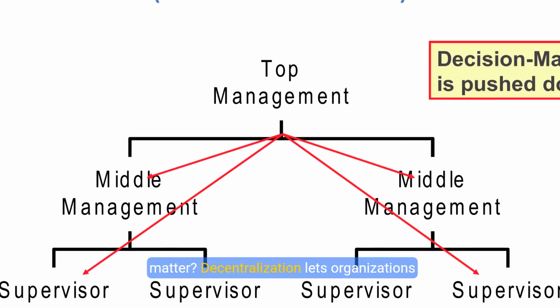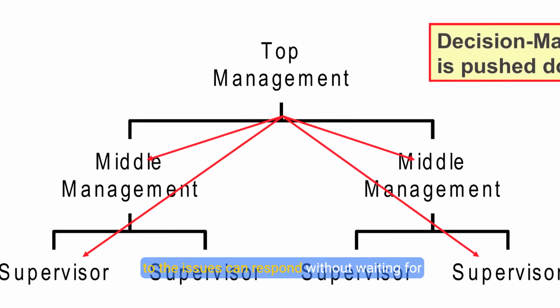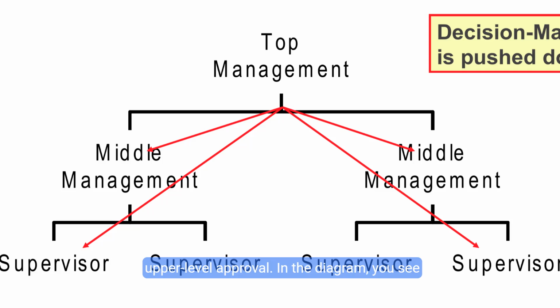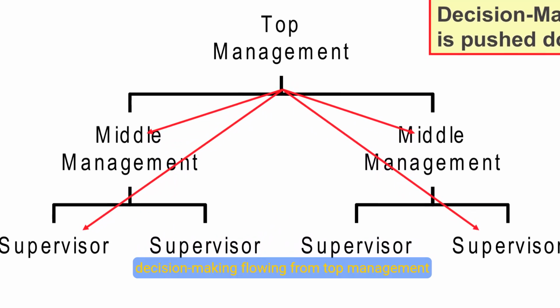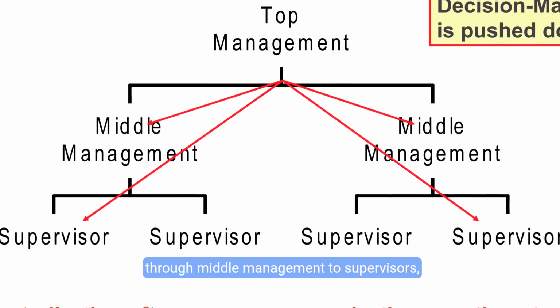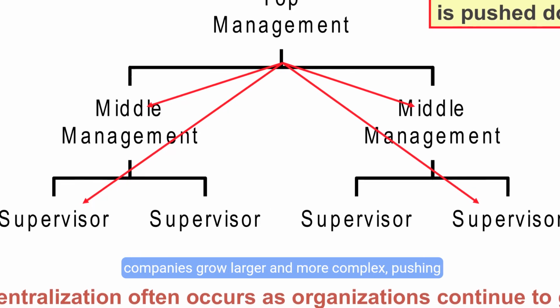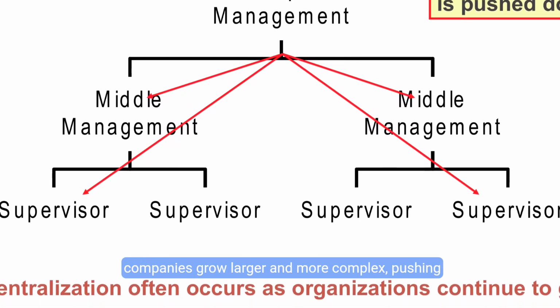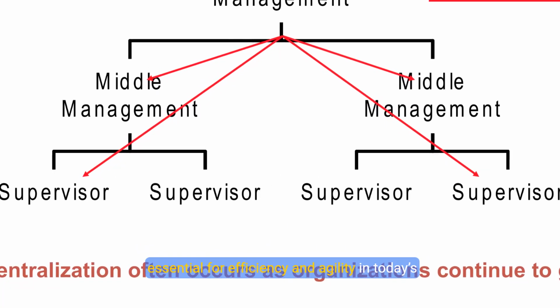Decentralization lets organizations adapt quickly to changes because those closest to the issues can respond without waiting for upper-level approval. In the diagram, you see decision-making flowing from top management through middle management to supervisors, visually emphasizing this downward push. As companies grow larger and more complex, pushing decisions down becomes not only practical, but essential for efficiency and agility in today's business environment.